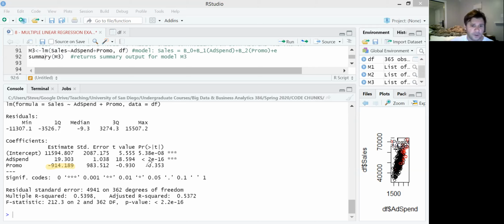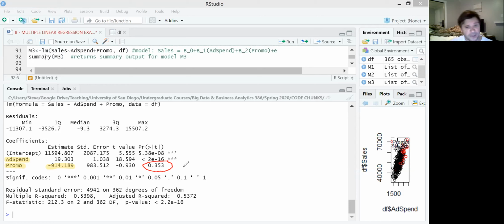But fortunately for us, we note that when we have ad spend in this regression, we have two variables on the right side. You'll notice promotion is no longer statistically significant once we've controlled for ad spend. The p-value is up at 35%, definitely bigger than 5% if that was our requisite level of significance, but we see no stars, no dots next to it.